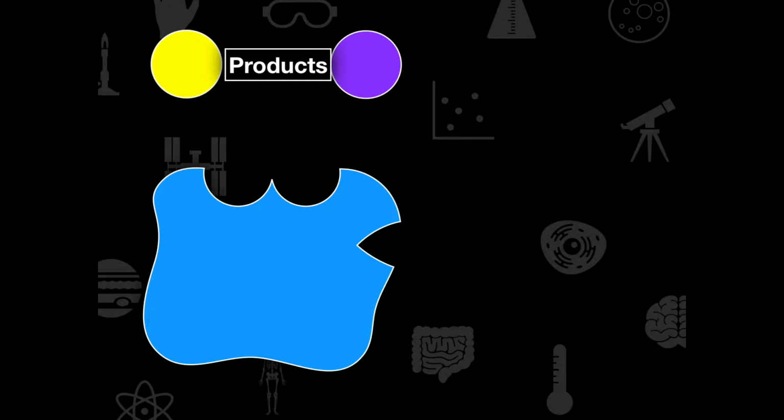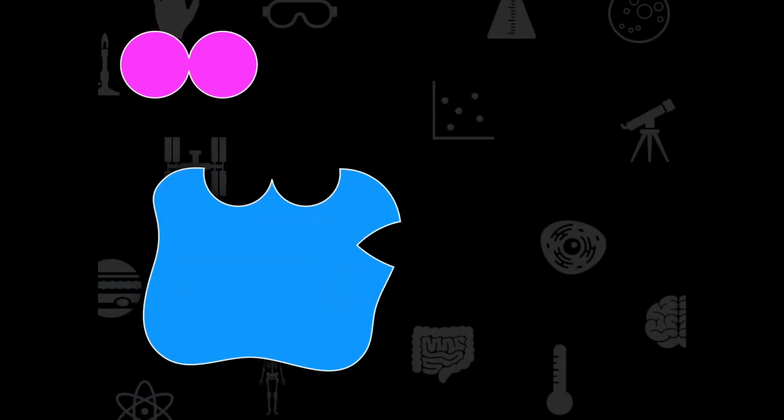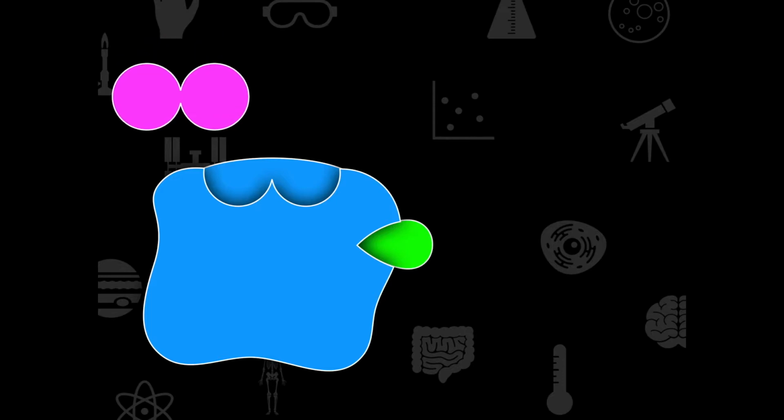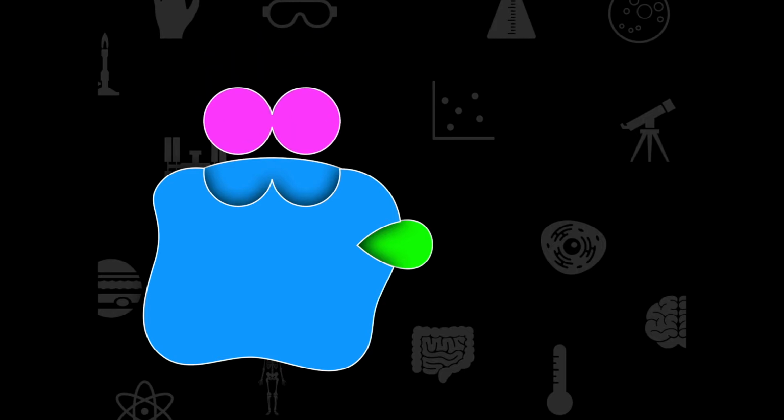Now, let's say we didn't want this chemical reaction to occur in our body for some reason. Well, in this case, what your body will release, or what we're going to put in the system, is an inhibitor. This inhibitor is going to cause a change in the shape of the enzyme. It's going to block the active site, or make the active site smaller, or change the intermolecular forces in the active site. So now the substrate can no longer bind.